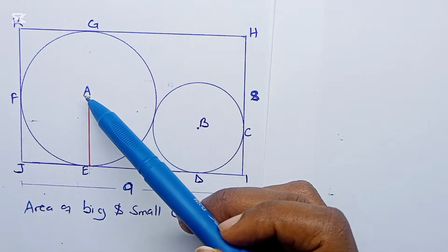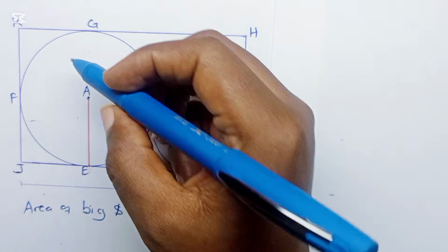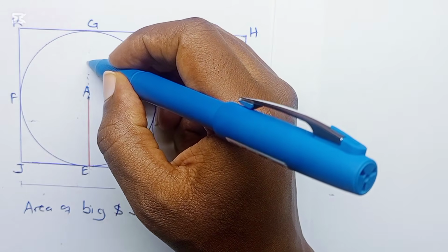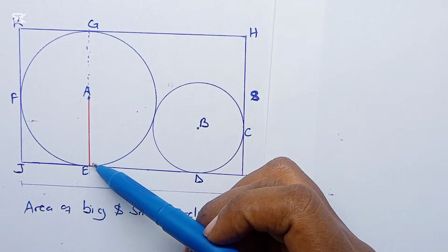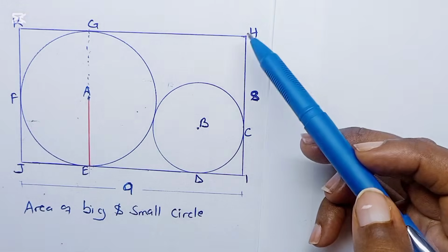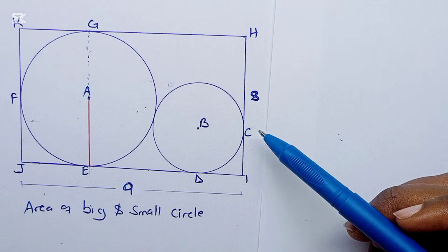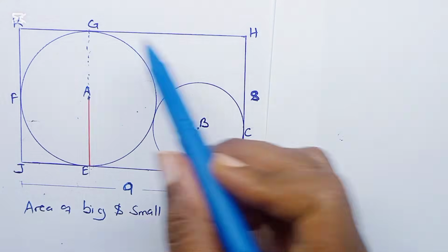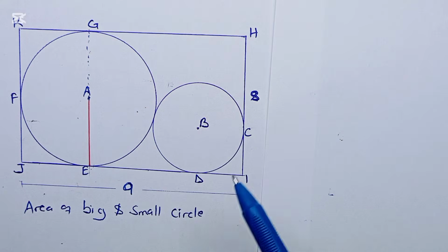And if we were to extend this line all the way, it would be diameter GE. And this GE is equal to HI because they are parallel and equal. So GE is equal to HI.